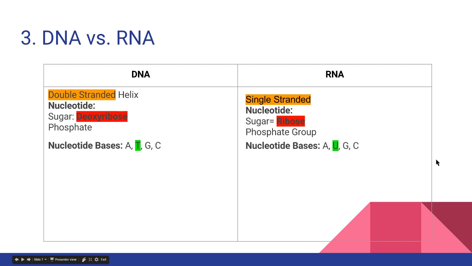The difference is one base. The DNA nucleotide bases are A, T, G, C, and the RNA nucleotide bases are A, U, G, C. So thymine gets replaced by uracil in RNA.